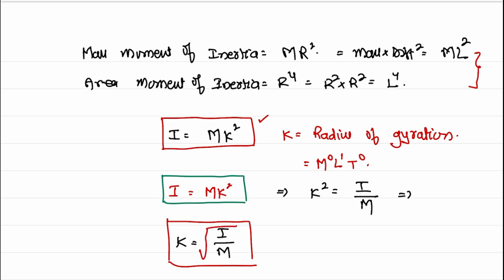K is equal to square root of I by m, which is in meters in SI units, or L is the dimension of it.